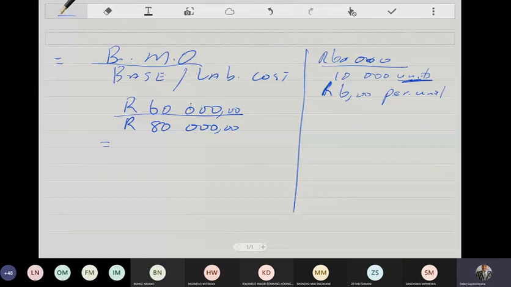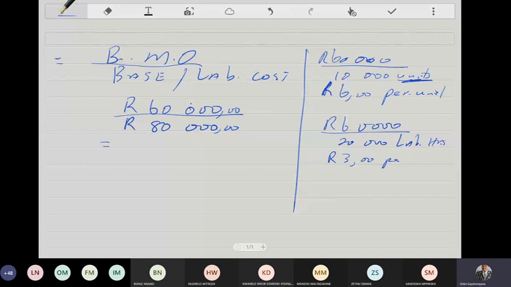If again, for argument's sake, we've got this 60,000 divided by 20,000 labor hours, you would say to us, my answer is 3 rand per labor hour. Isn't it so? That's what I'm trying to refresh our minds about.